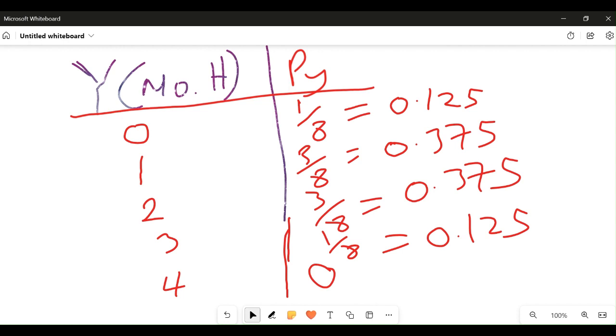The probability of having 0 heads is 1 over 8 or 12.5%. The probability of having 1 head is 3 over 8 or 0.375. The probability of having 2 heads is 3 over 8 or 0.375. The probability of having 4 heads is 0.